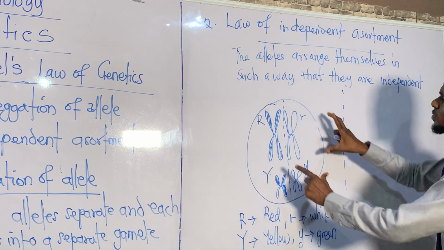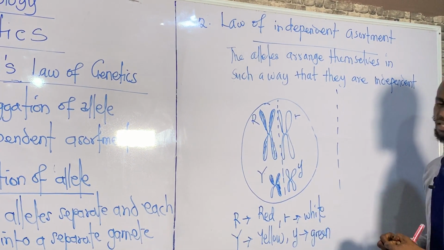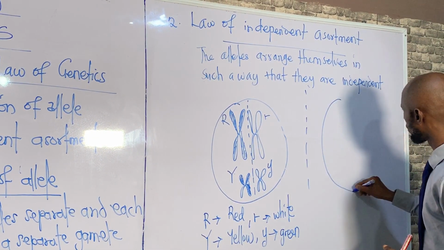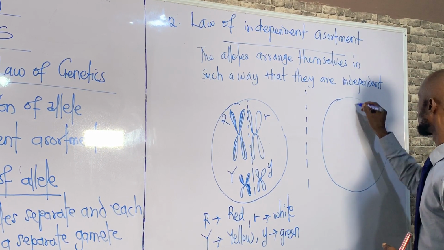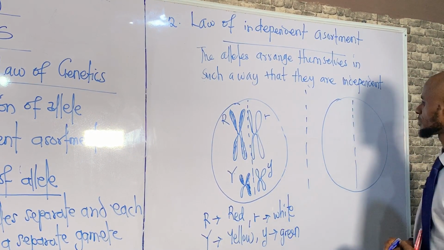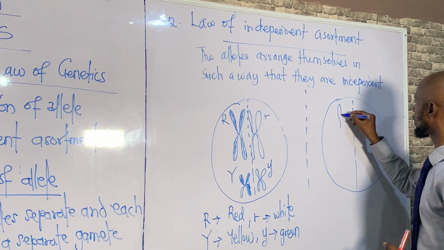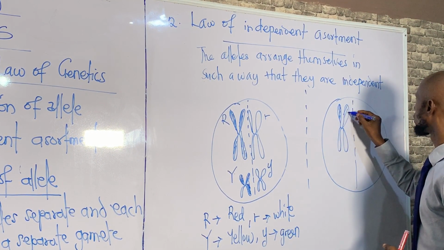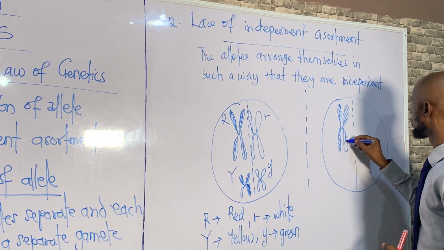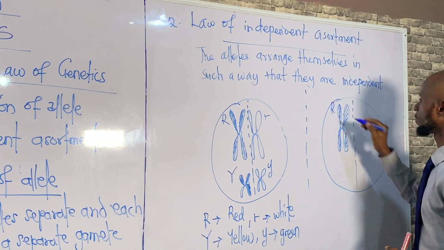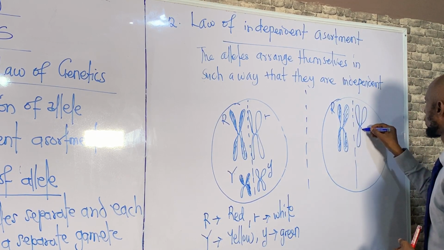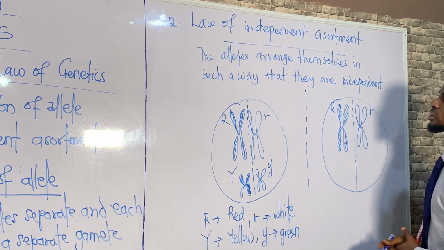Now, the chromosomes can arrange themselves like this, and in another way, they can also arrange themselves like this, at the equator as usual. We draw the first chromosome, the big R, and the second chromosome, the small r.